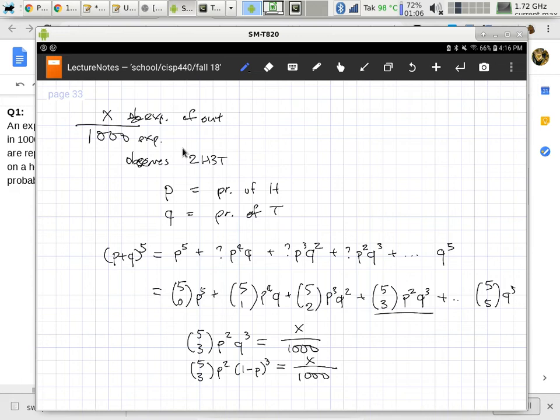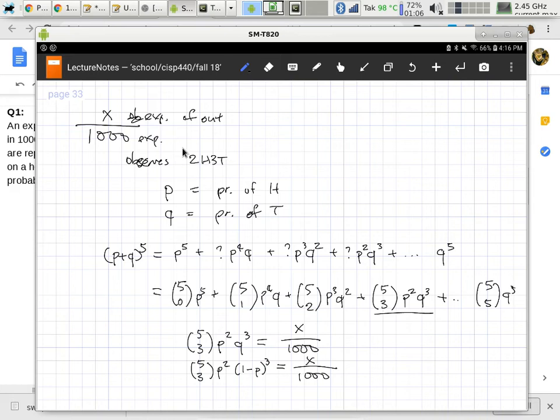Is that okay? Does everybody understand what the question is asking and what tools we used to answer the question? Just to emphasize, Q equals 1 minus P. We're coming from P plus Q is 1 from that equation, right?